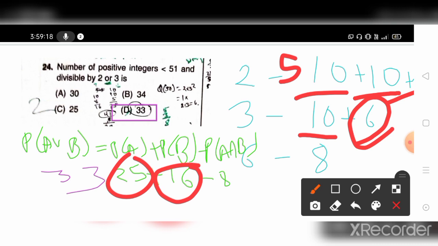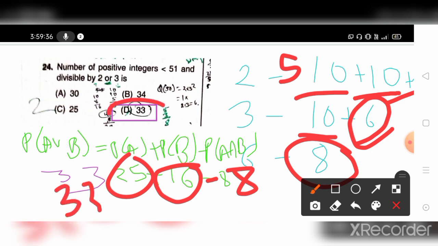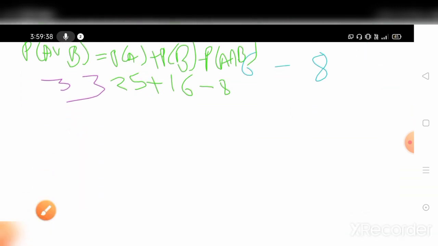Now check for 2 and 3, that is 6. From 1 to 51, how many numbers are divisible by 6? Only 8 are divisible by 6. So 25 plus 16 minus 8 equals 33. The answer is 33. Option D is correct.